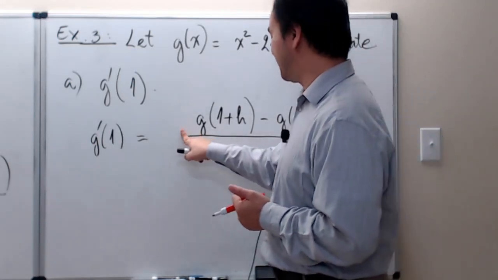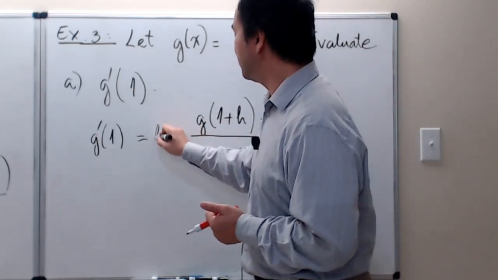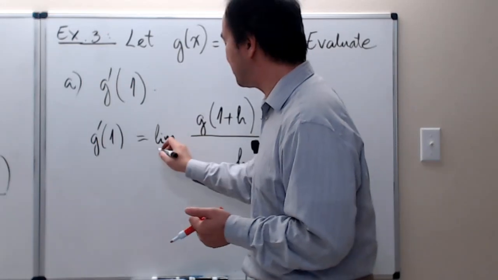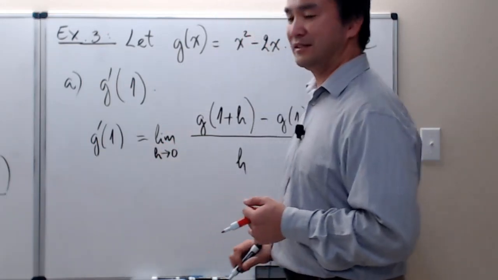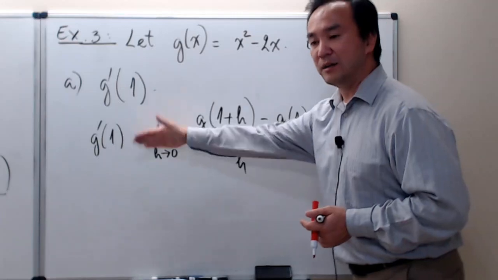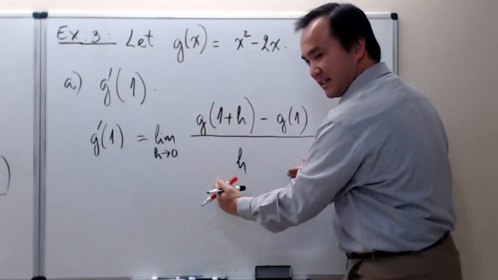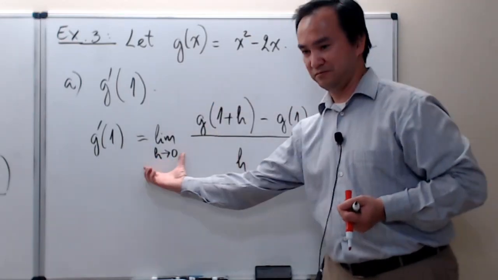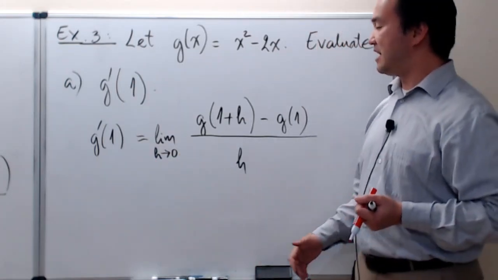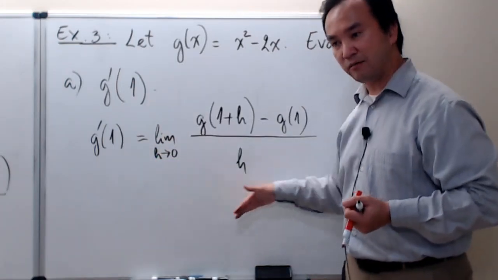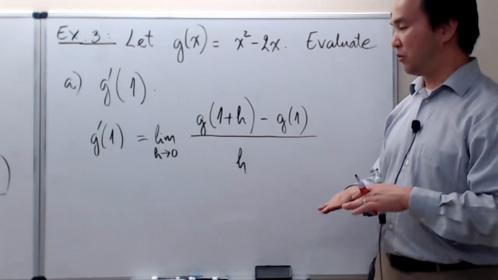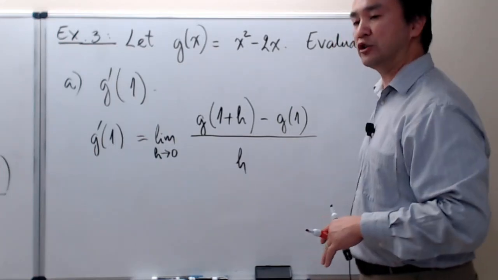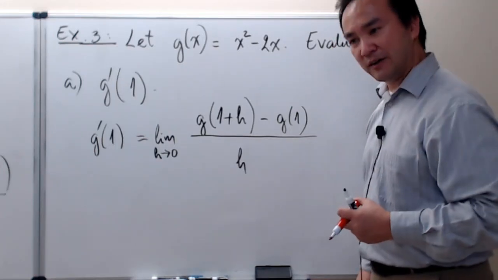We refer to this as a limit definition because we heavily rely on the limits concept right here. After setting up the difference quotient, we put the limit here, indicating that at the end we have to treat the problem as a limit problem, even though it was a massive amount of algebra that we've seen throughout all of our examples.